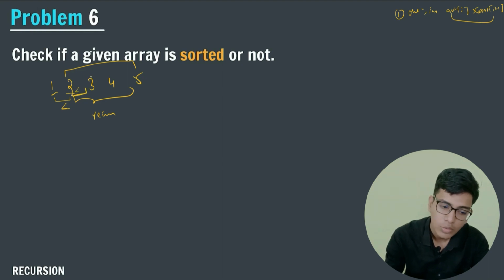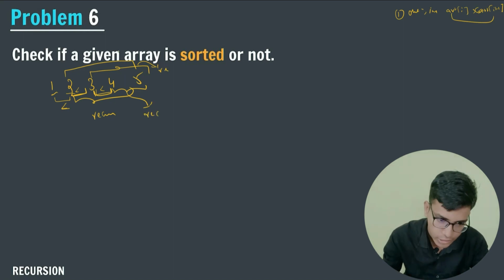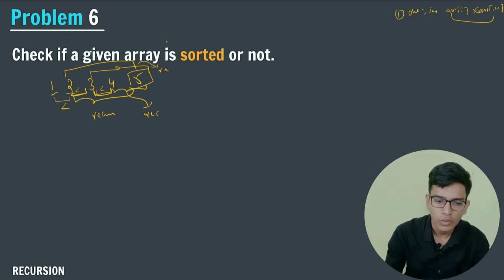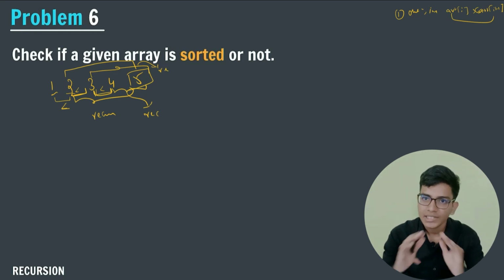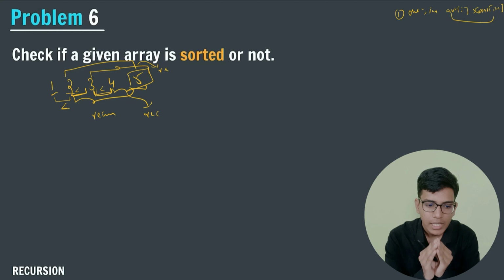If this is true, then we'll apply the recursive call for the rest of my array, and finally for a single element, so the given array is sorted. This is how we will find out whether the given array is sorted or not.